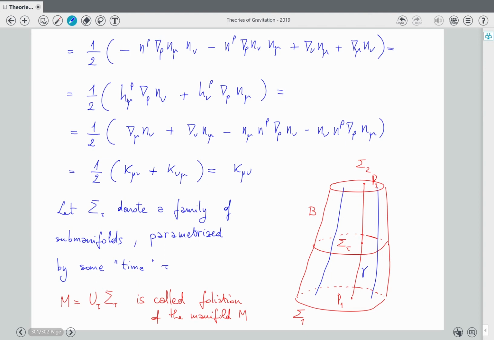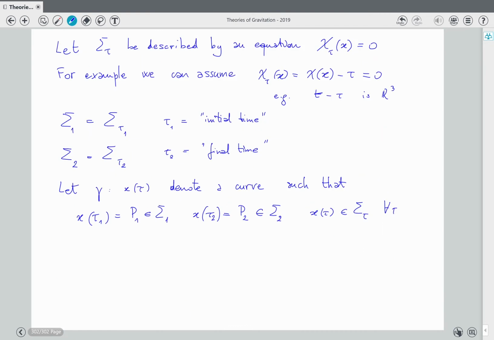Then you can define a flow. So first of all, we have x of tau belonging to sigma tau, but sigma tau is described by that equation. So we have chi of x of tau minus tau equals 0.